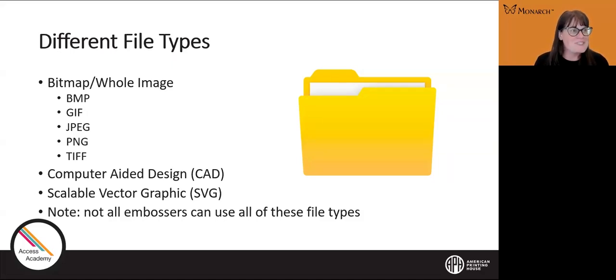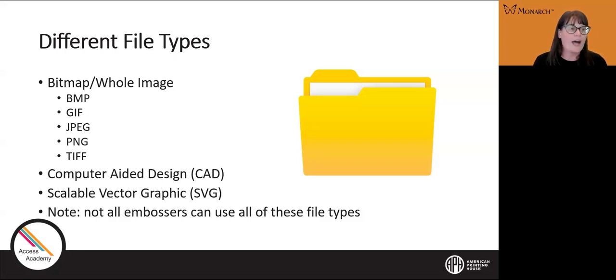As people have discovered, you can't just change the color of a shirt in the image or the darkness of a line or take out pieces and parts of the image easily because it's saved all in one package. Then you have other types of files. One of those is computer-aided design or CAD files. CAD files can be 2D, but they can also be 3D.